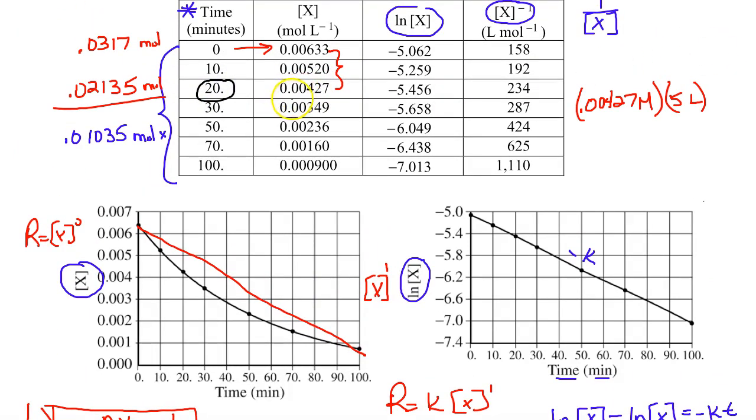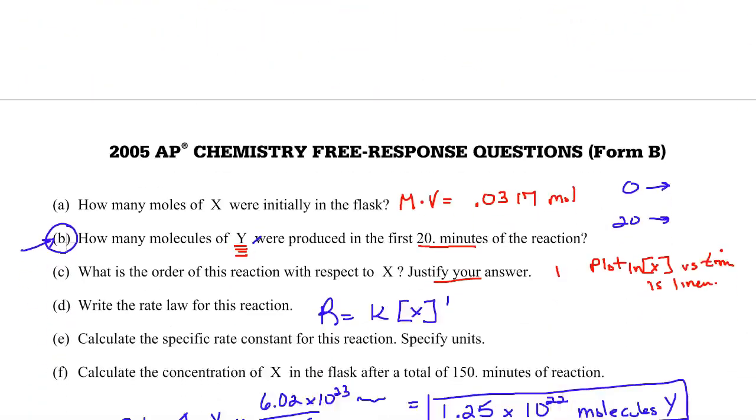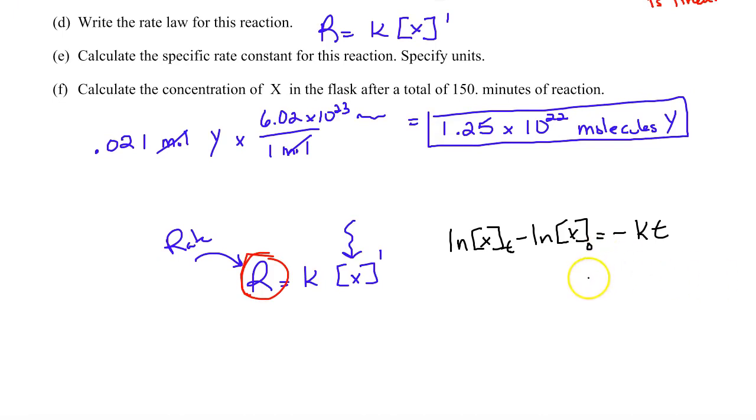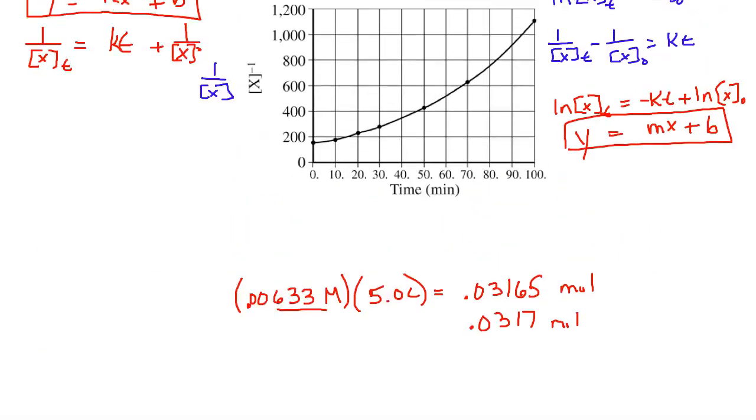After 20 minutes, the concentration is 0.00427. It's a molarity. That's my X at some time period. And what was the initial? That's this little 0, the initial. What was that molarity?